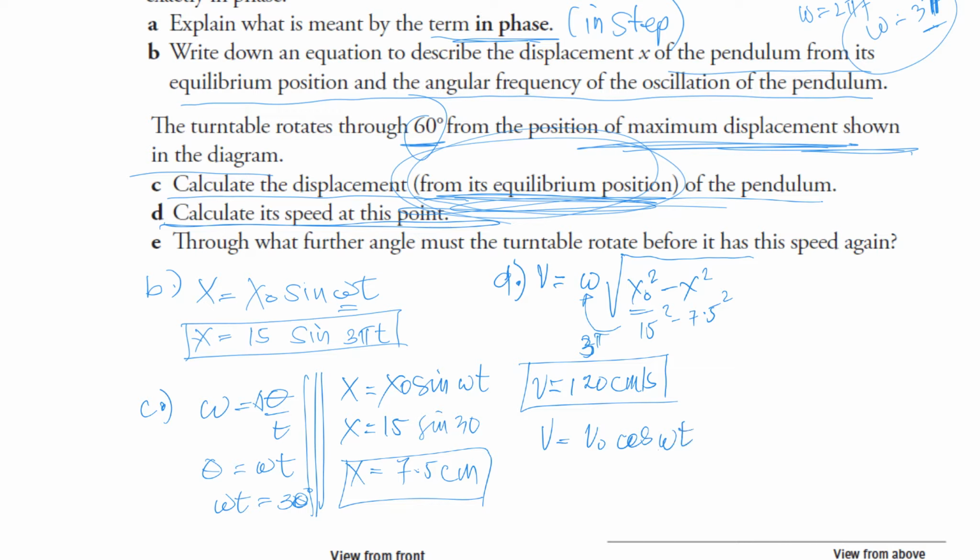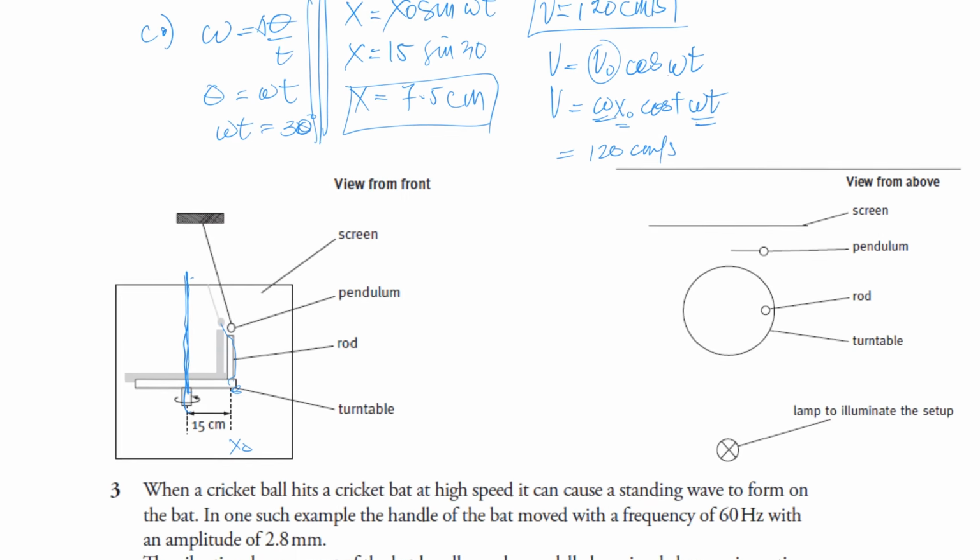We know the formula for this V sub O: it is W times X sub O, right? Then cosine Wt. Wt is also given, your X sub O is given, your alpha is given. It will give you the same answer, which is 122, rounded off to 120 centimeters per second. All right? That is number 2.